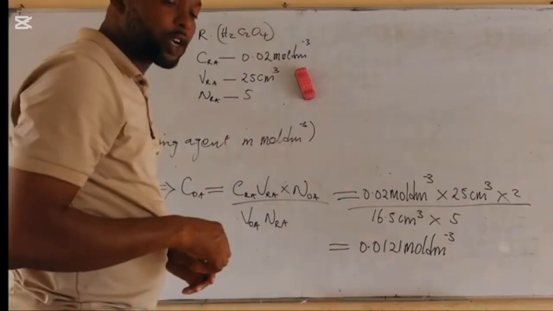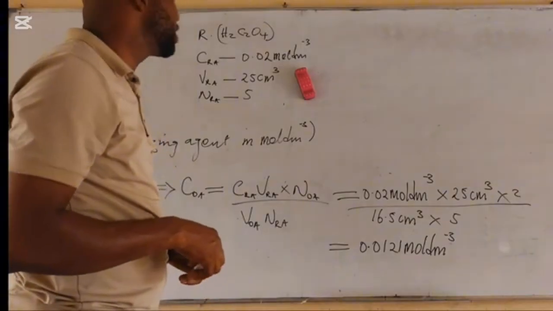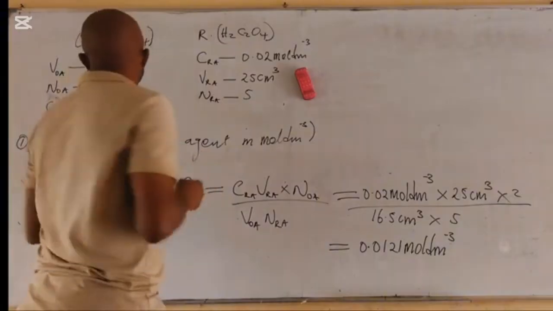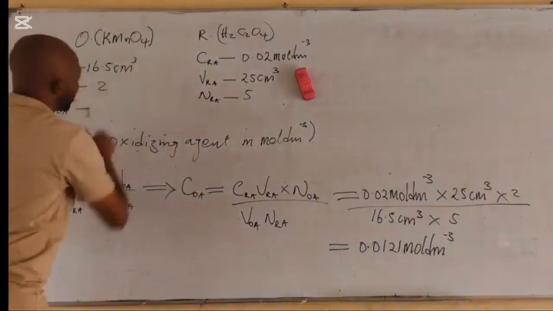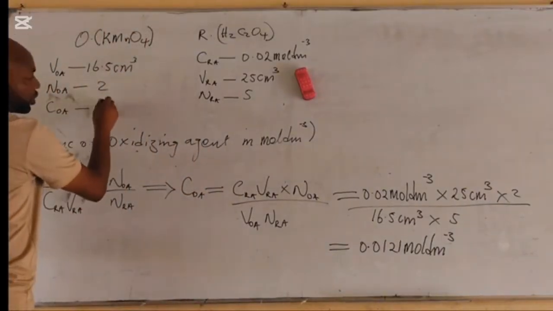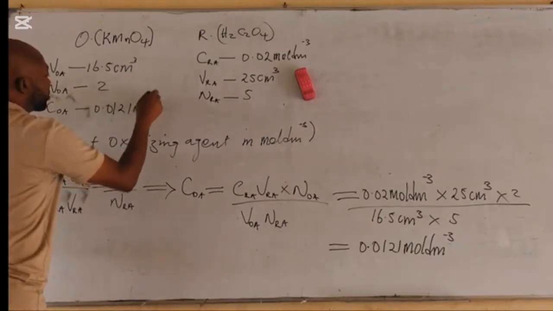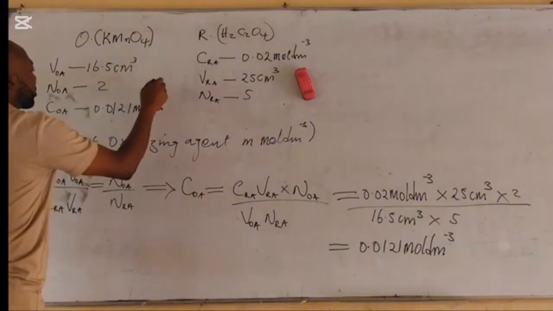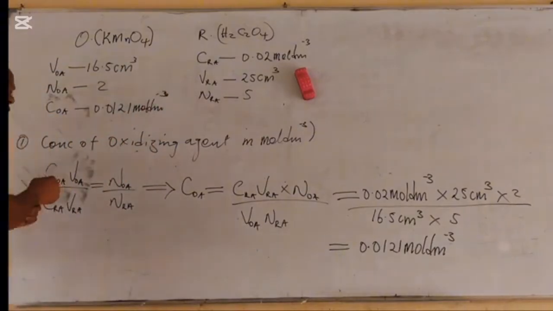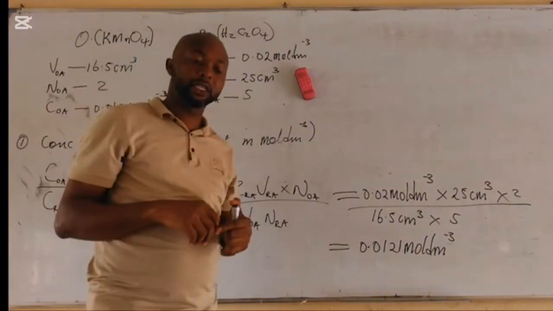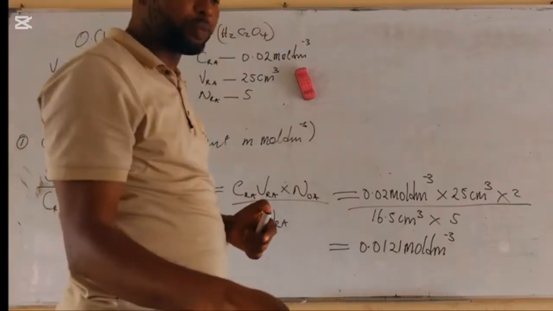We're now going to look at the concentration of solution B in g/dm³. This is our B. Let me put the value for this: 0.0121 mole per dm³. Now we are asked to calculate the concentration of solution B in g/dm³.